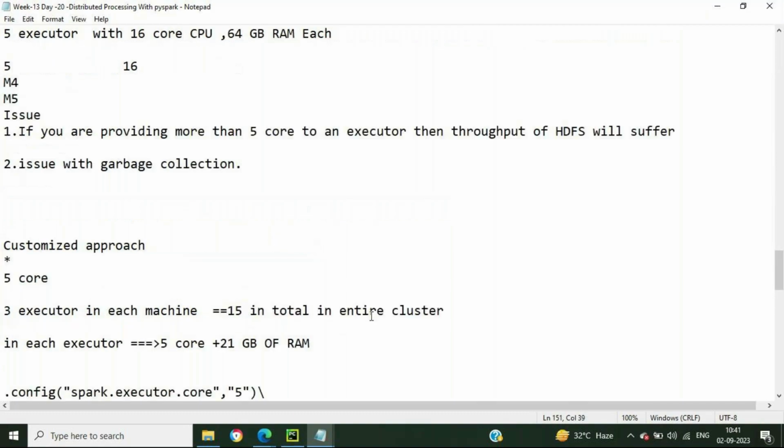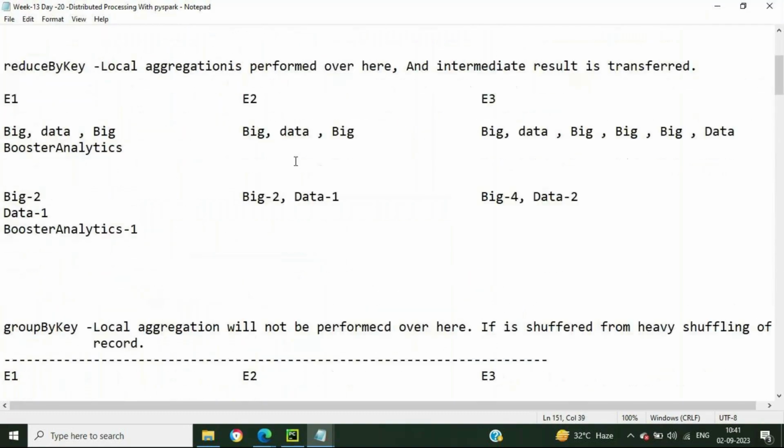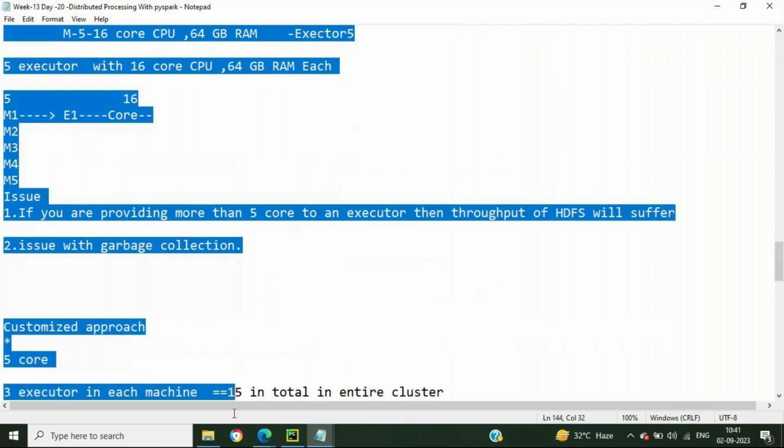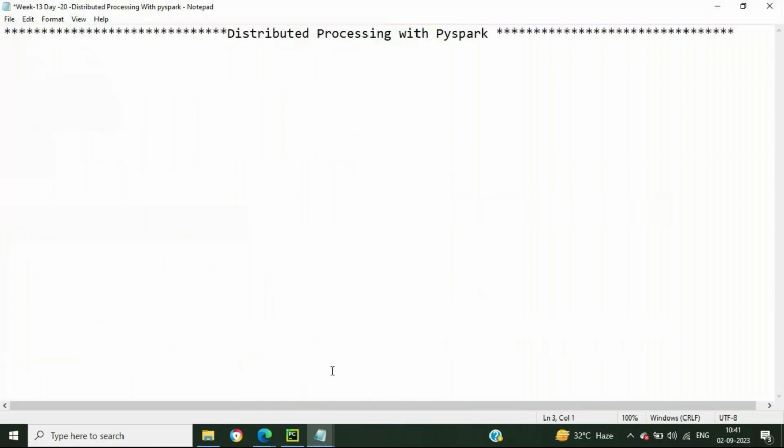That is what we discussed in our previous session. We started resource level optimization, and with respect to it, we discussed fat executor and thin executor.